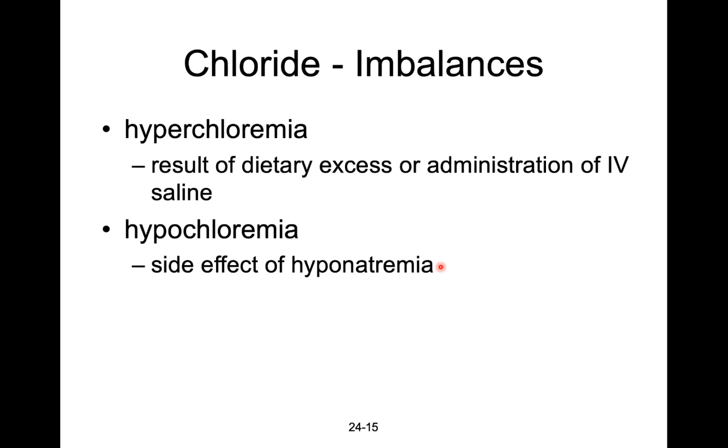And if you excrete the sodium, who else is going to follow? Well, the chloride's going to follow. And again, if you excrete the sodium, who else follows? Water. So hypochloremia will also usually indicate low sodium concentrations as well as low water volume in the blood.